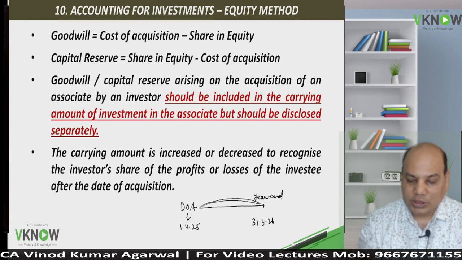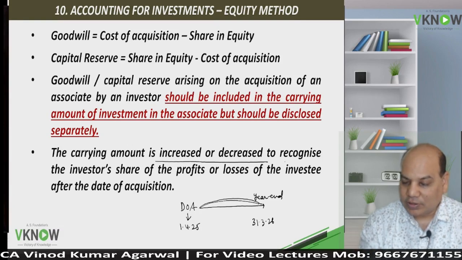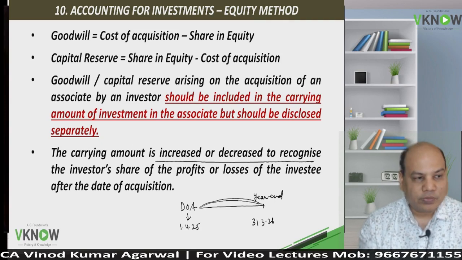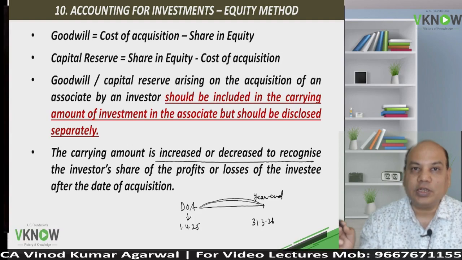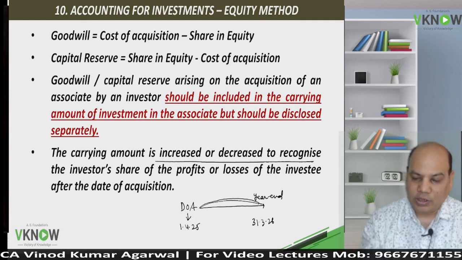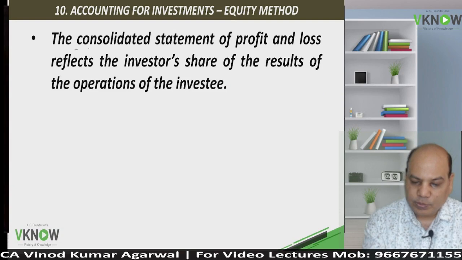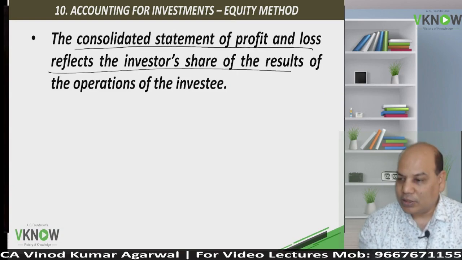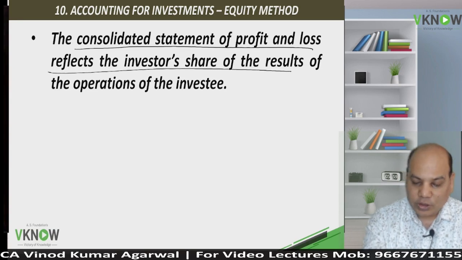Compute share of the investor in that and increase or decrease the carrying amount of investment with a corresponding effect in the consolidated profit and loss account. I have already explained and I don't mind writing one more time.